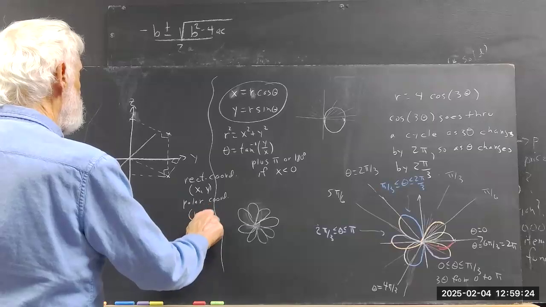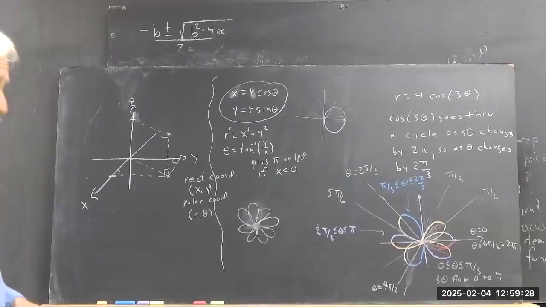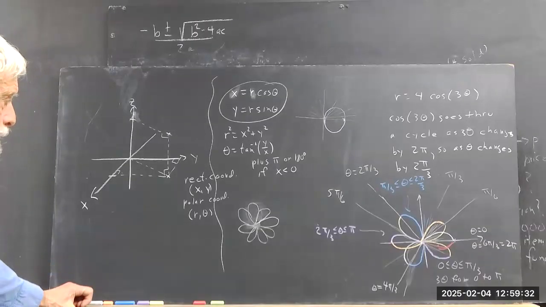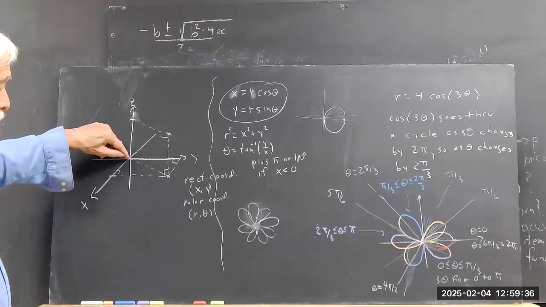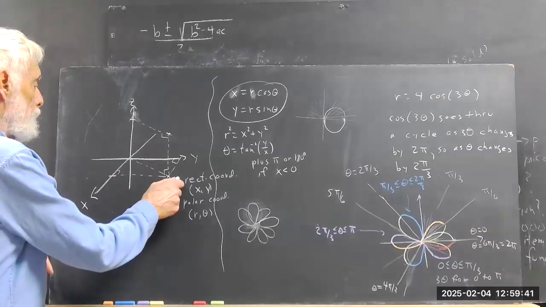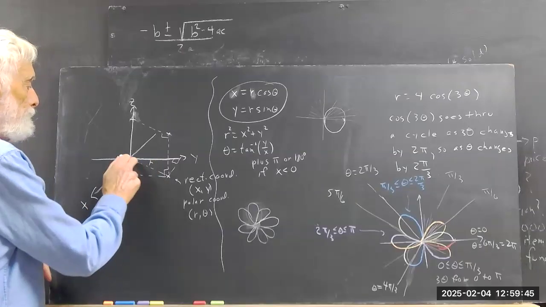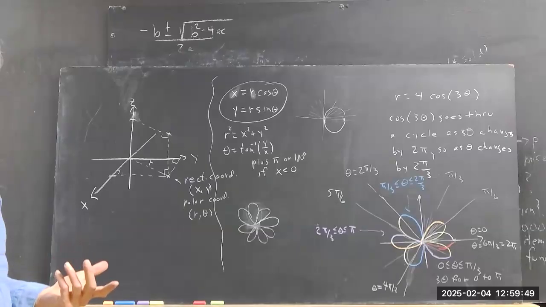Polar coordinates are r, theta. Now, what's r? Well, r is the distance from the origin to this point. So right here is r. Make sense?